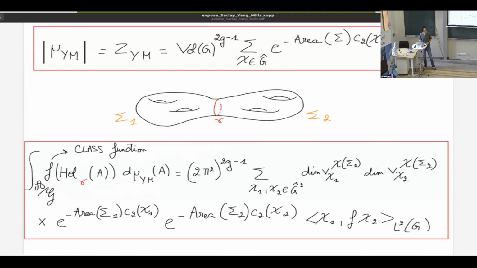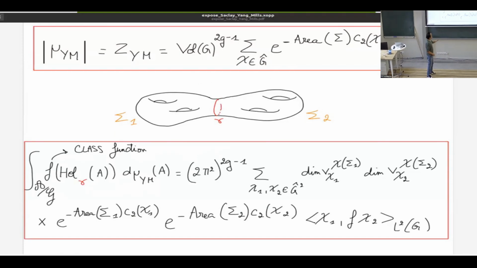So what's the formula for a sphere or for a torus? Yeah, I'm cheating. No, it's a super question. Let's say that these formulas here are for genus greater or equal to 2, and for the sphere the formula is different.